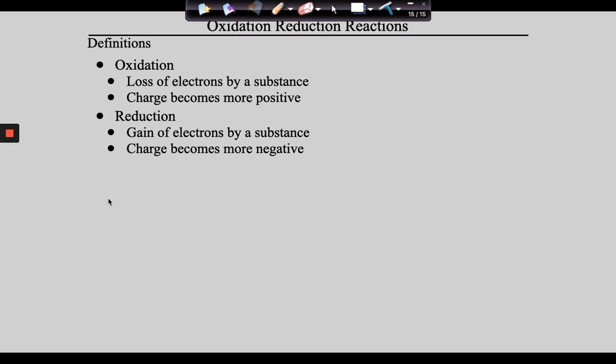So how then are you going to remember that oxidation is the losing of electrons and reduction is the gaining of electrons? Well, guys, there's a couple ways that you can do this. I actually fall back on this if I get confused. The charge of the particle that's being reduced is reduced. So the charge of the thing that's being reduced is going down.